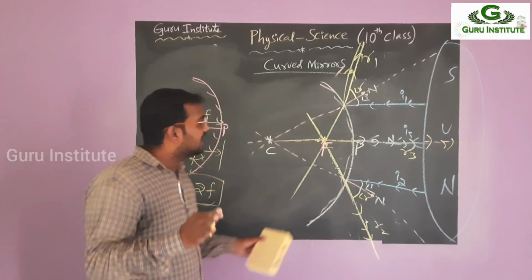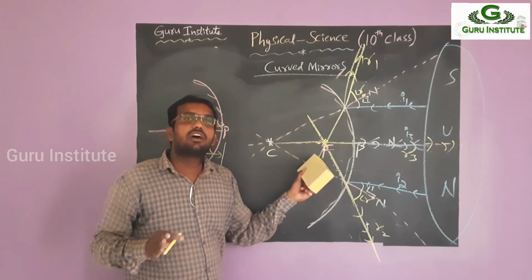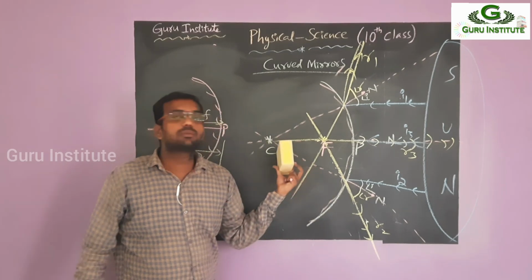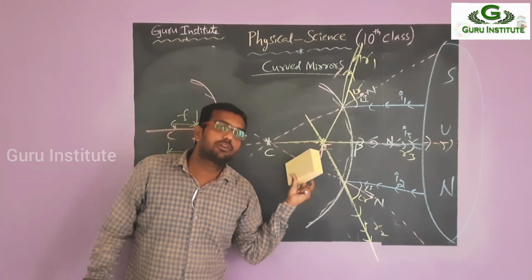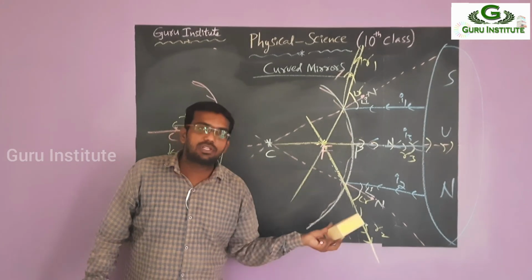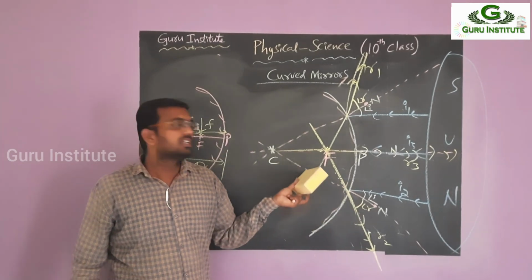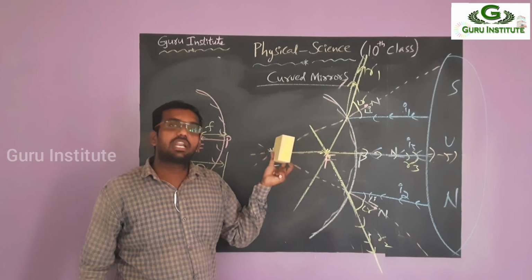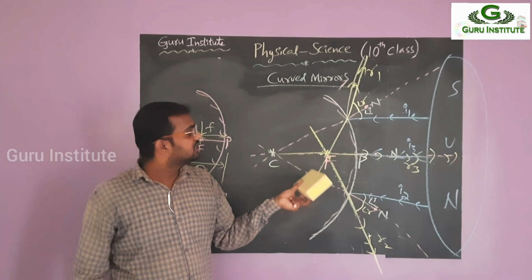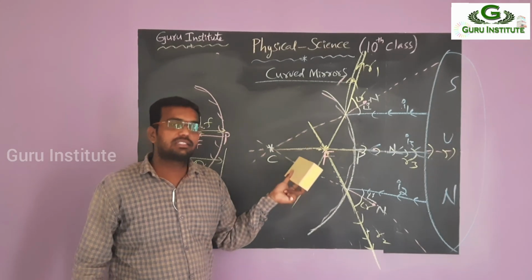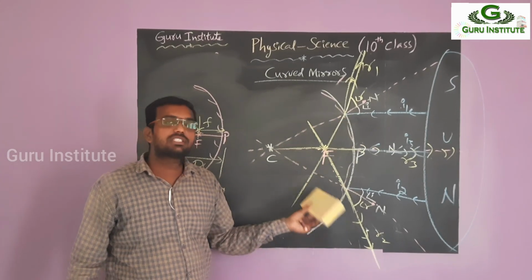If they meet indirectly, that is called diverging, which happens in the convex mirror. C is the point of meeting of the normals, either directly or indirectly. If they meet directly, that means converged, as in the concave mirror. If they meet when extended backside, that is a convex mirror.